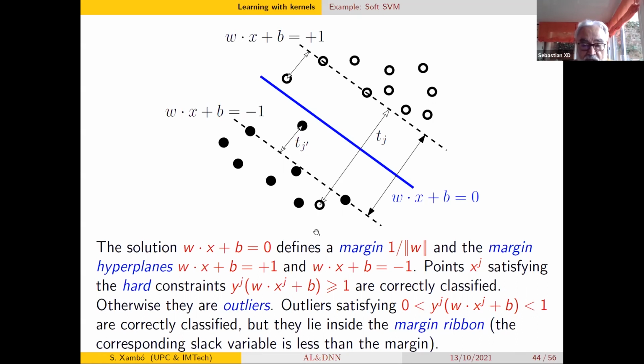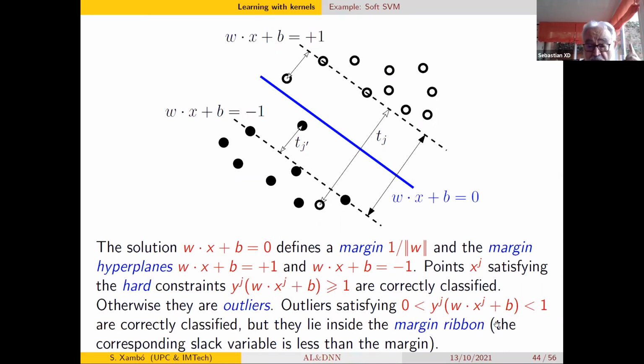Okay. This is explained at the bottom, and I repeat that those that are correctly classified are those that are on the right side of the hyperplane and beyond the margin. Otherwise, they are called outliers, and there are two classes of outliers.